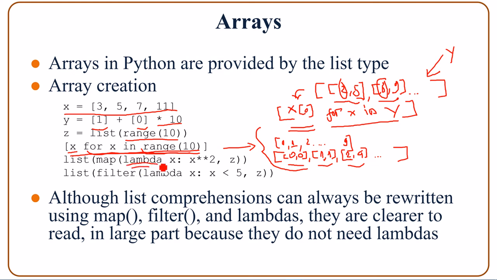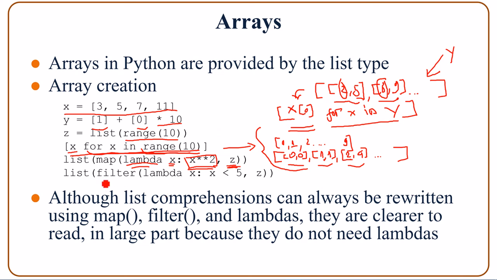With the lambda function, the argument is x, you return x squared, and you loop for each element in z to do that. So for each x in z, return x squared. Very much like what we can write using a list comprehension.